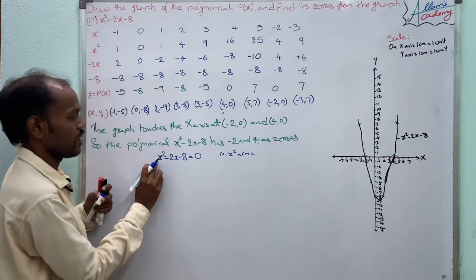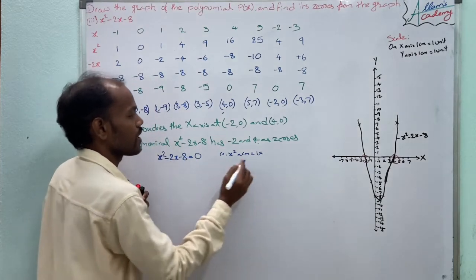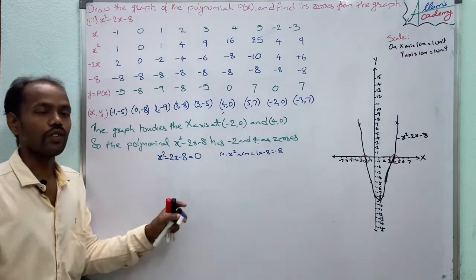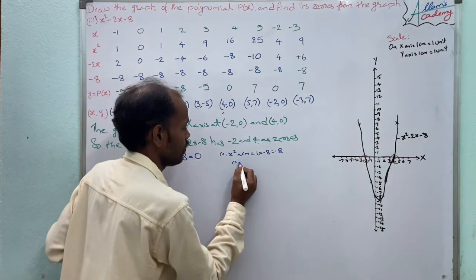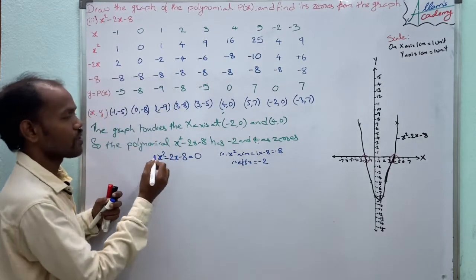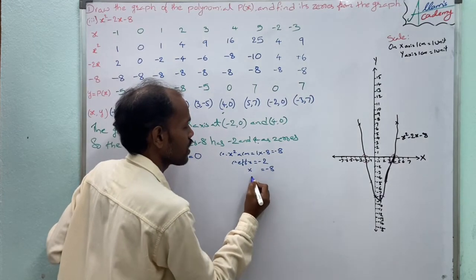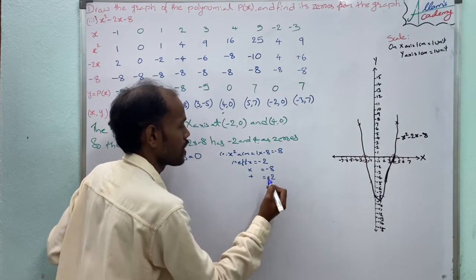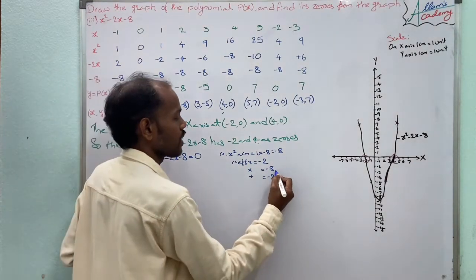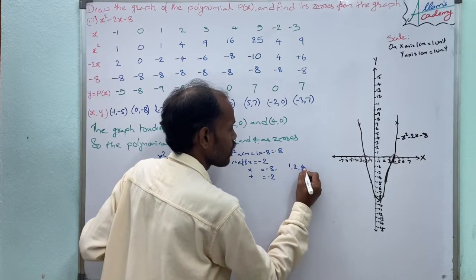The x square coefficient is 1 and the constant term is minus 8. So 1 into minus 8 equal to minus 8, and the coefficient of x is minus 2. So we need two numbers whose product is minus 8 and whose sum is minus 2. So we take the factors of 8, that are 1, 2, 4, 8.